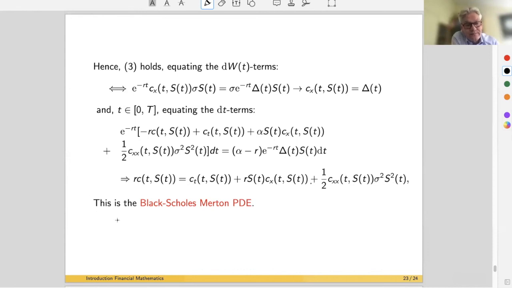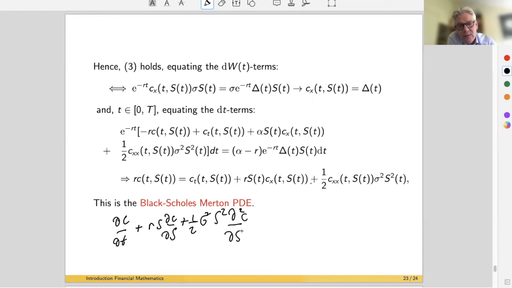So dC/dt plus rS dC/dS plus 1/2 sigma squared S squared times the second derivative of C with respect to S, minus rC is equal to 0. And that is the Black-Scholes equation.